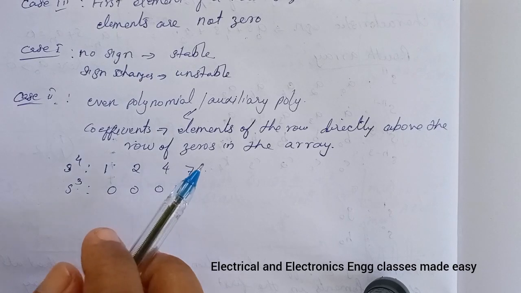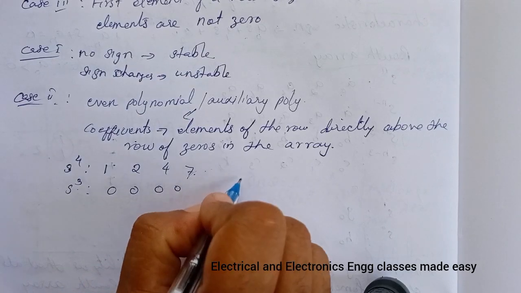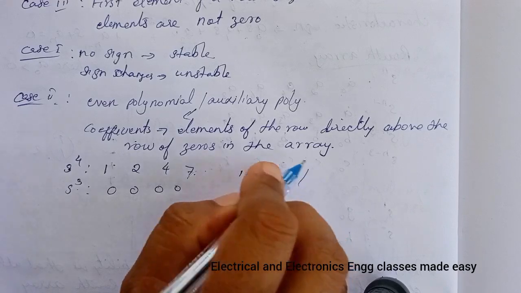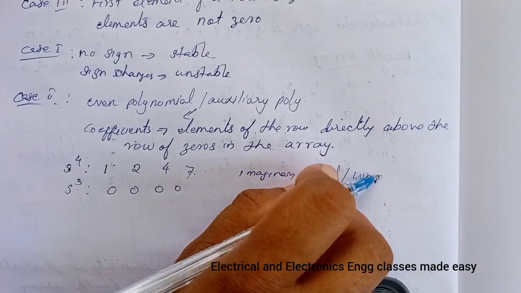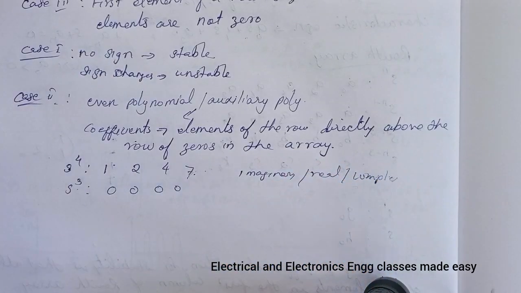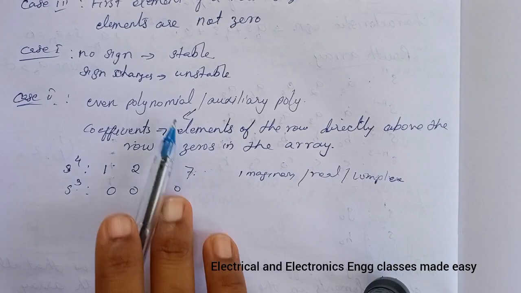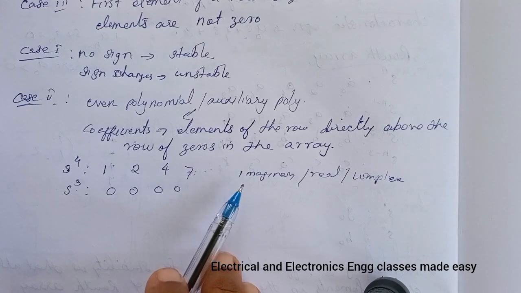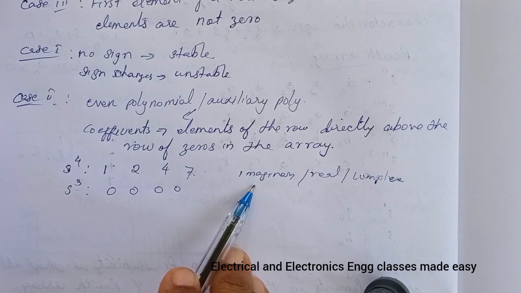That is, the roots can be purely imaginary or real or complex. The roots of an even polynomial occur in pairs that are equal in magnitude and opposite in sign.